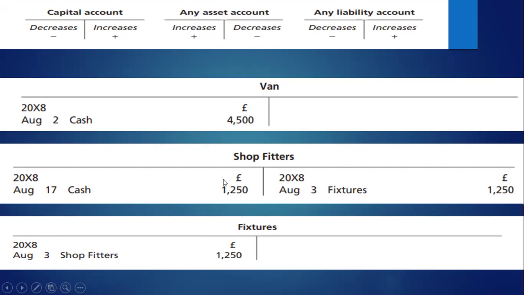So the $1,250 here as a shop fitter, as an asset, and also the $1,250 here as a liability, was not paid, right? The fixture account is an asset. Assets increase, so it goes to the left side. And here's the $1,250 payable, to be paid later on in cash.